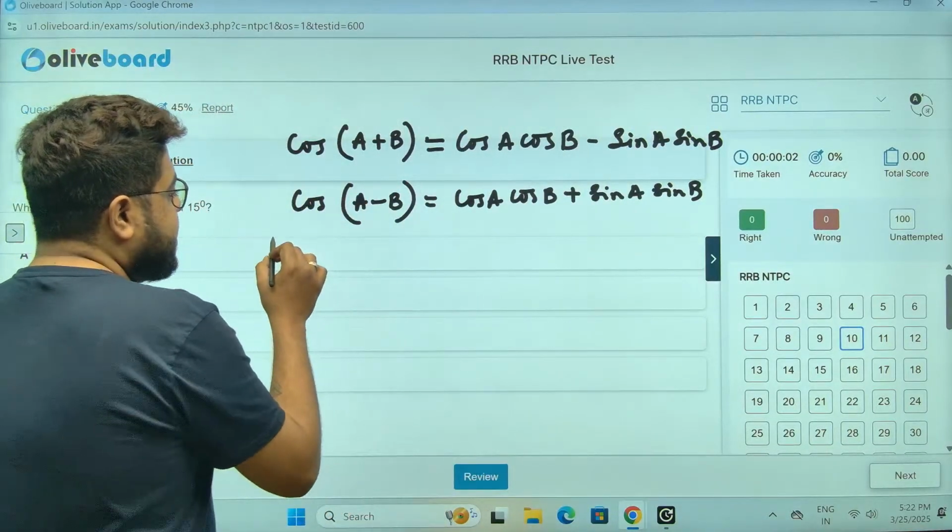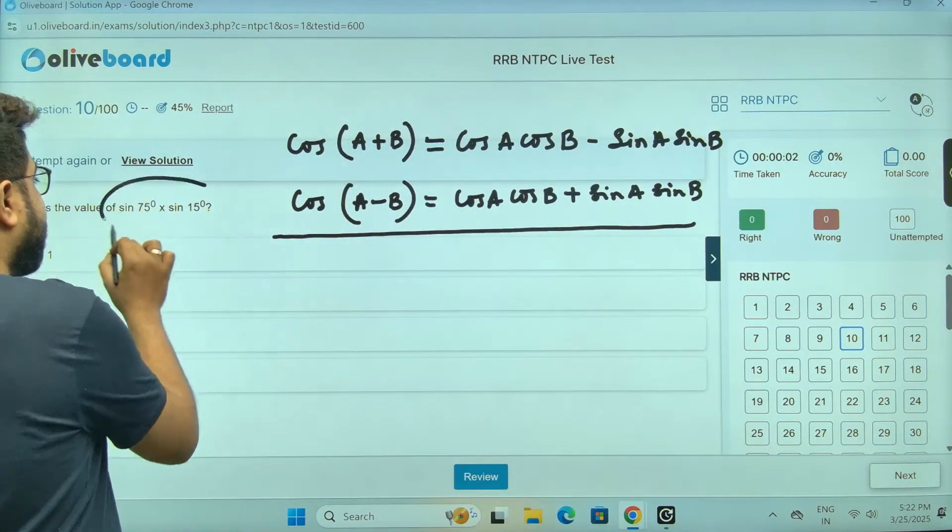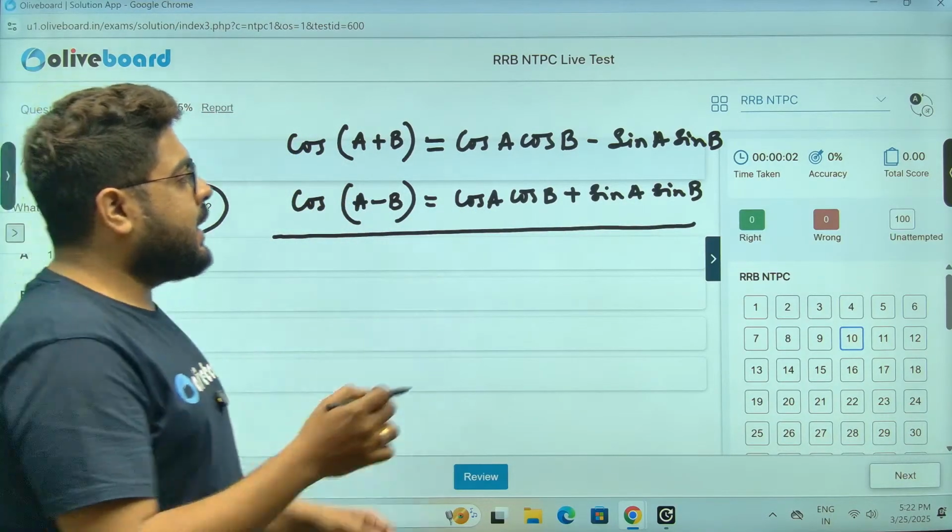Achha, sir, please understand what I need. I need sin into sin, meaning I need this part.